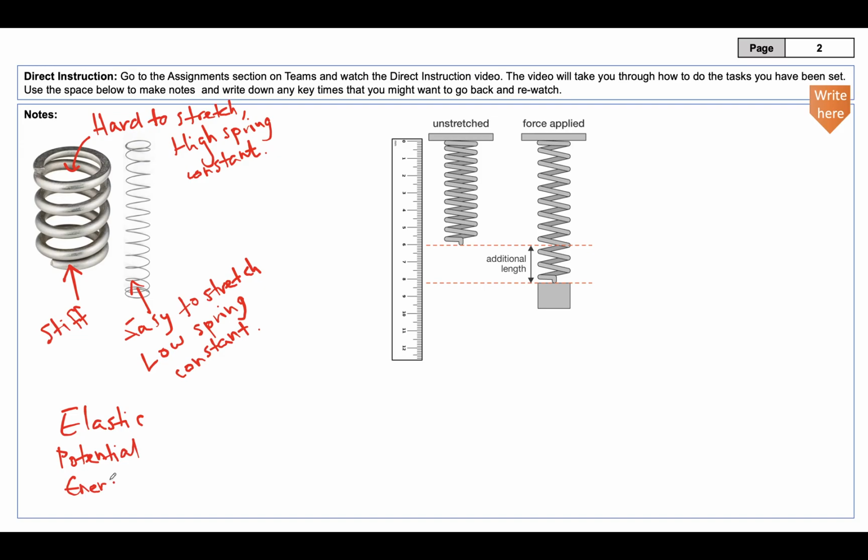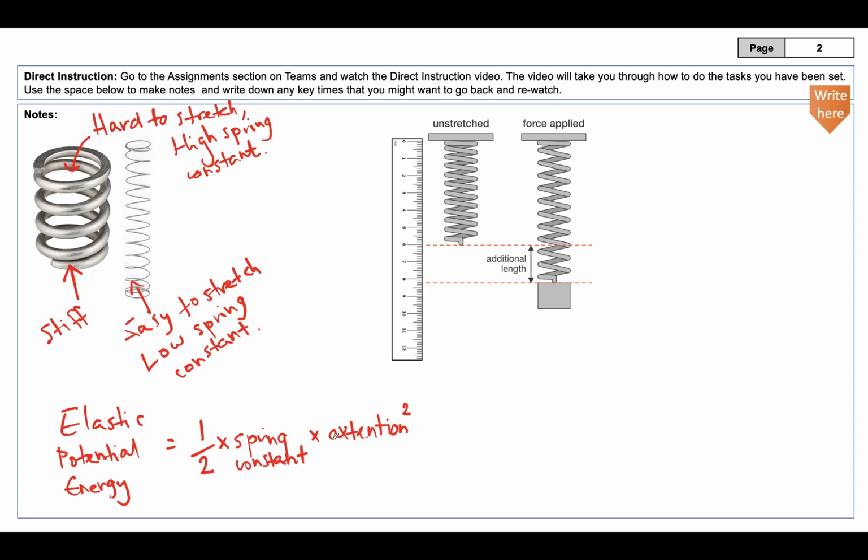So we have our elastic potential energy, and that is equal to 0.5 or a half, I'll use a half today, times the spring constant, times by the extension squared. So it kind of looks really, really similar to that kinetic energy equation we saw yesterday.